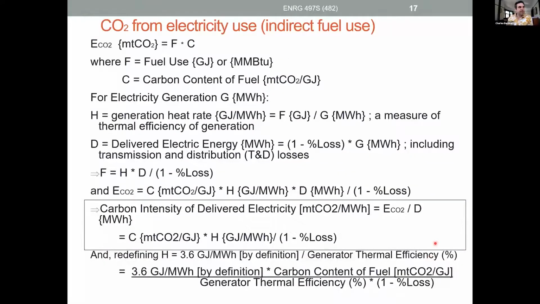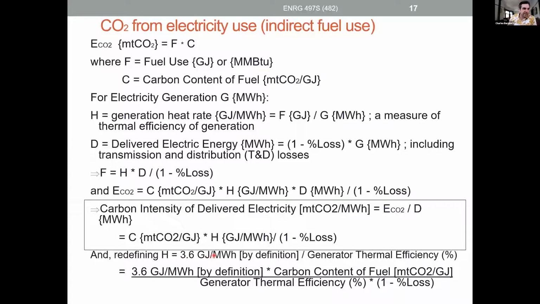Okay. I've rearranged some of these terms to put it in terms of efficiency. Again, heat rate is a measure of thermal efficiency; it's just the inverse of it. If we put it in terms of efficiency, then you have to rearrange heat rate.